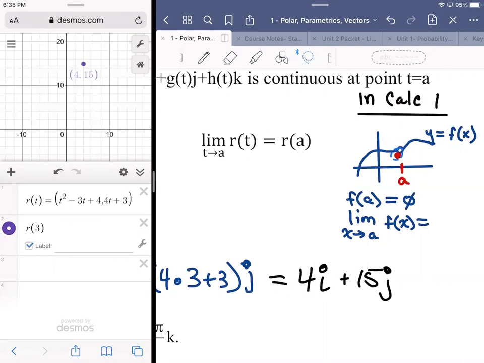You'd be asking, what y value are you approaching? Well, there is a y value there. It does exist from the left. There is some sort of finite y value. Now, it's unknown to us, but there is some sort of finite y value that does exist.